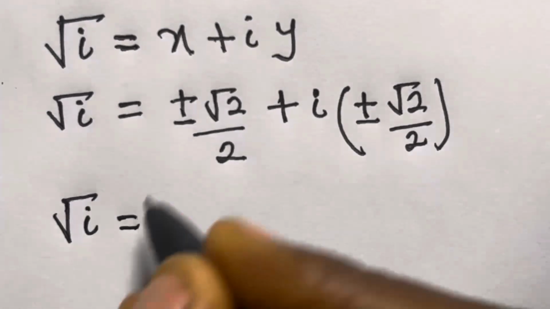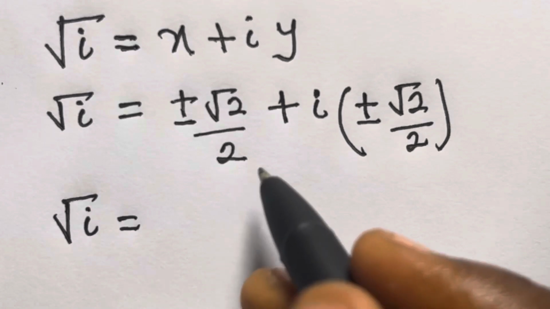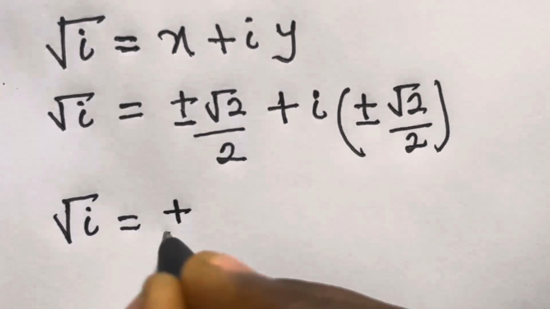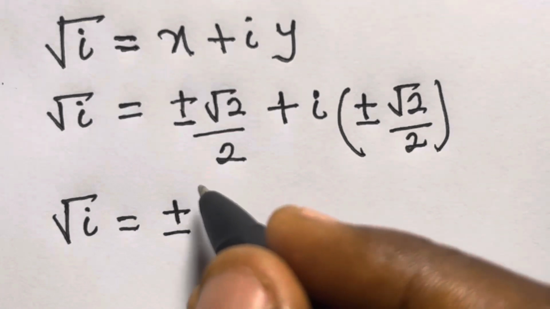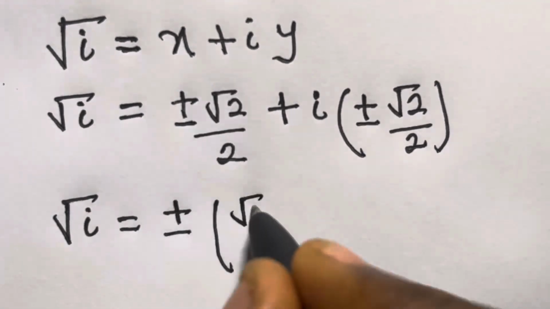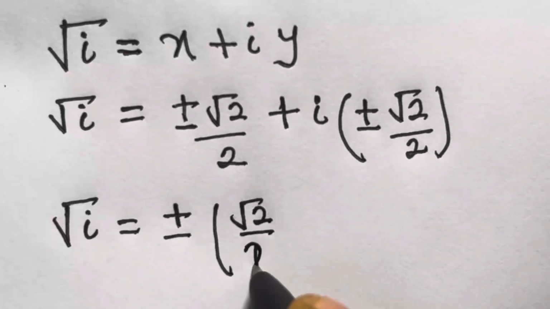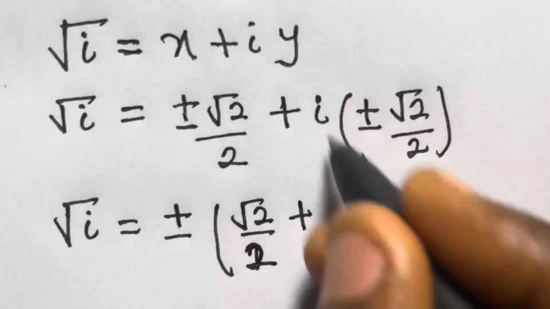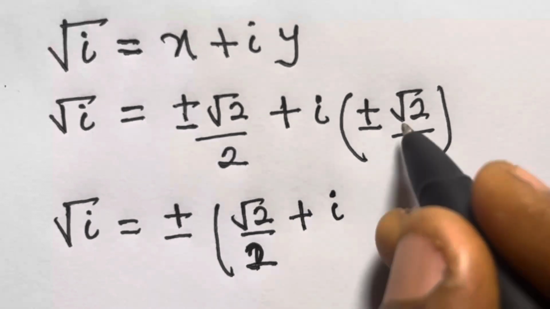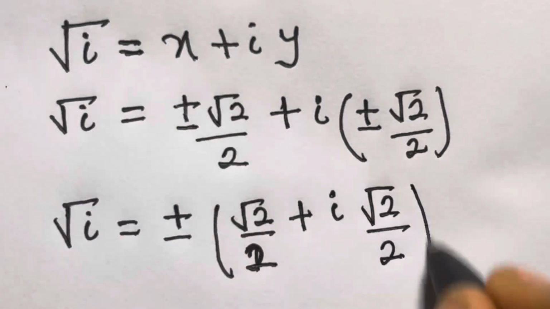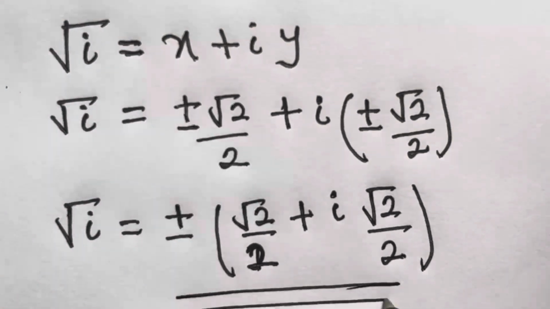If you look here, you will see that we have plus or minus in common, so we can factorize that out. We have plus or minus, then the square root of 2 divided by 2, plus i times the square root of 2 divided by 2. So this is our value of the square root of i.